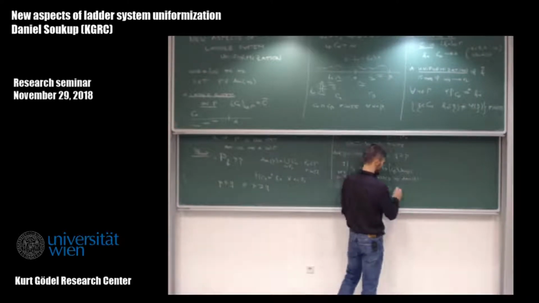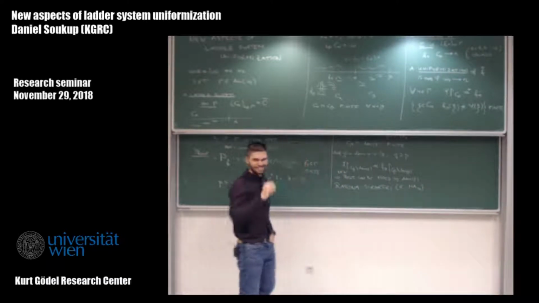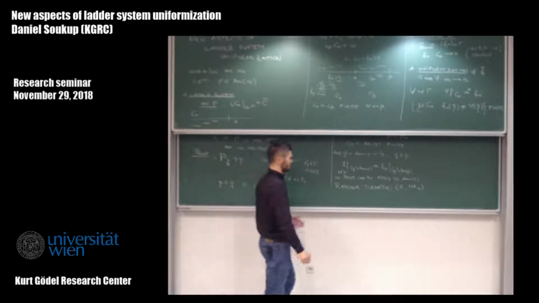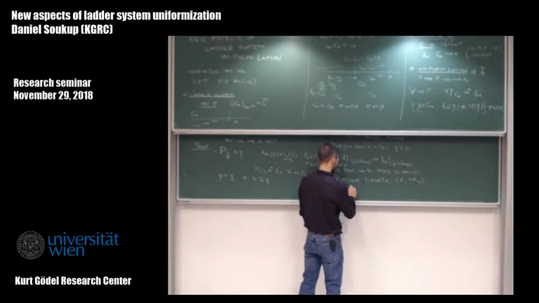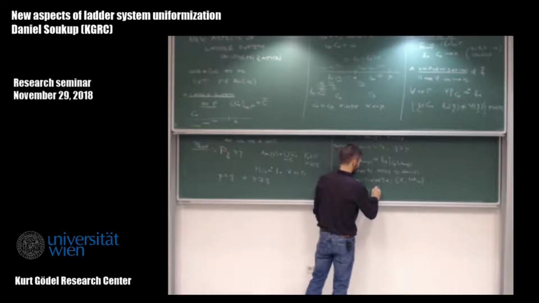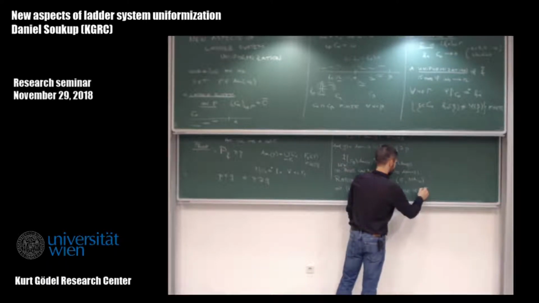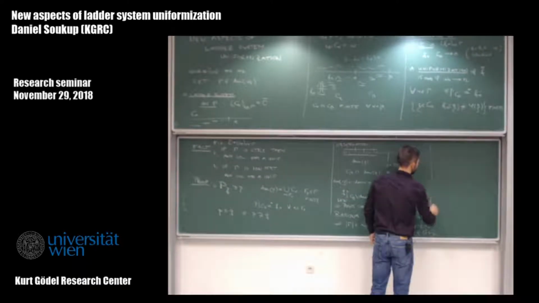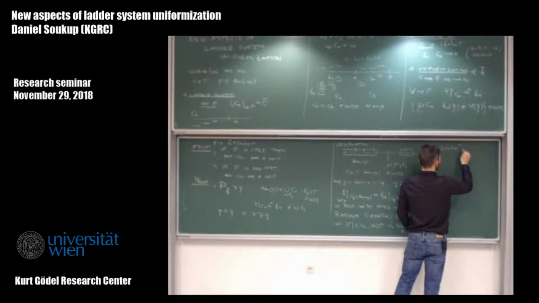So if gamma is countable, just meet all aleph-0 dense sets with a filter G. This quite weak, but still generic enough filter G will be the uniformization.